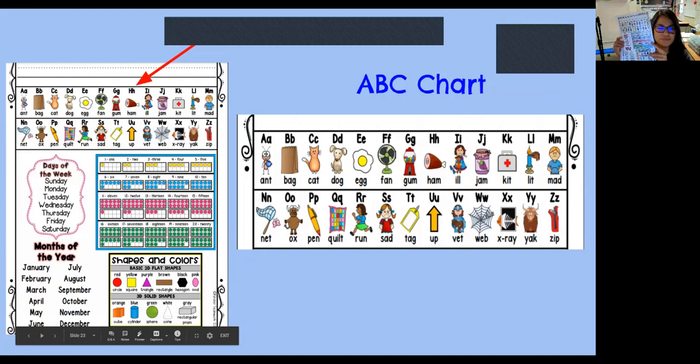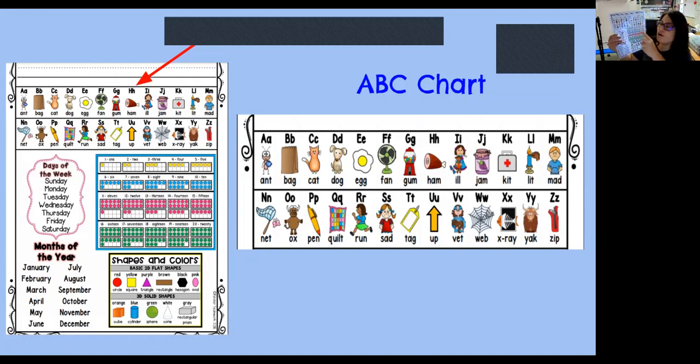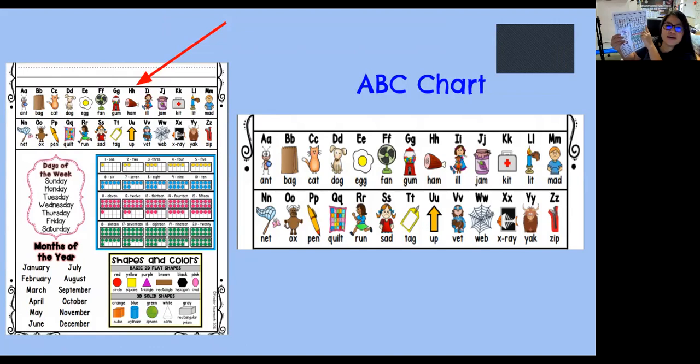Everybody got one. Okay. And if you look at your ABC chart at the very top, there are letters, each letter from A to Z. And these letters have pictures beside them because those are pictures that begin with that sound. So for example, the letter A, please mute your mic. It is not time to turn it on.